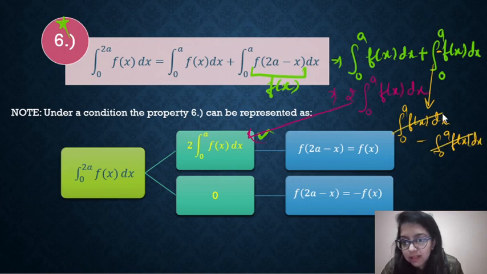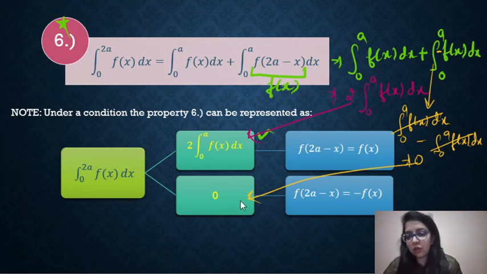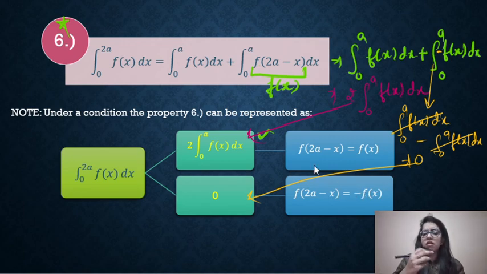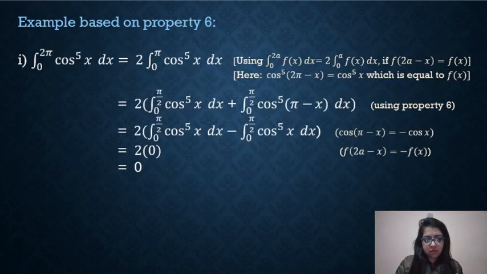That means this and this get cancelled out and you will get 0, which is equal to this when f(2a minus x) is equal to minus f(x). A very simple result. I have just written it in a slightly more elaborate, simplified form to explain to you guys. Okay, so let's move to an example of this also.